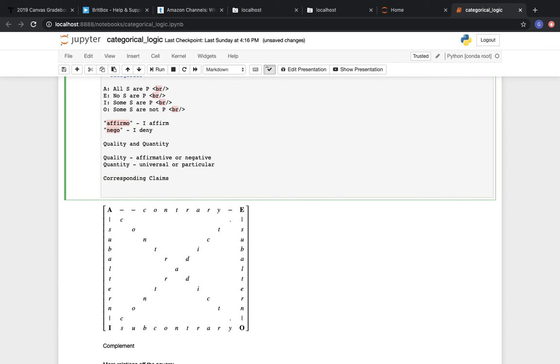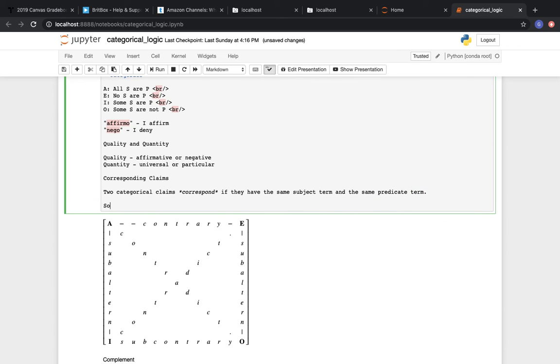And what that means is simply this: two categorical claims correspond if they have the same subject term and the same predicate term.